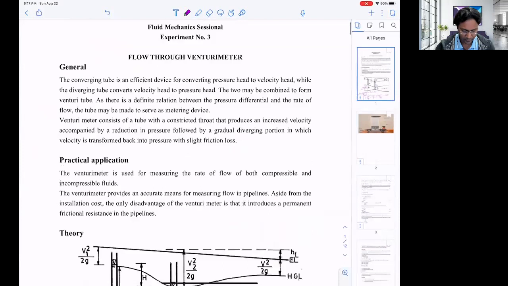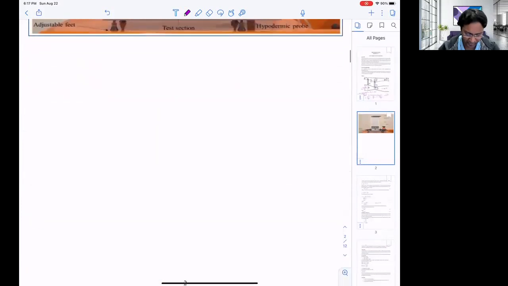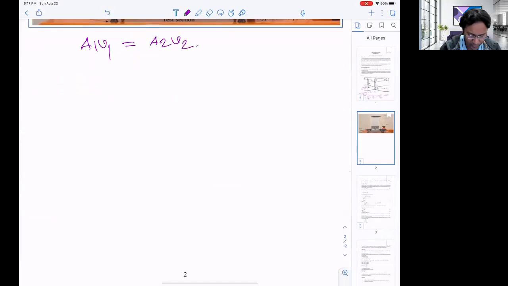Okay, so we have this equation, and from this equation we can derive quickly. So we already have A1 V1 is equal to A2 V2, and from this equation we can write V2 is equal to A1 V1 over A2, right?